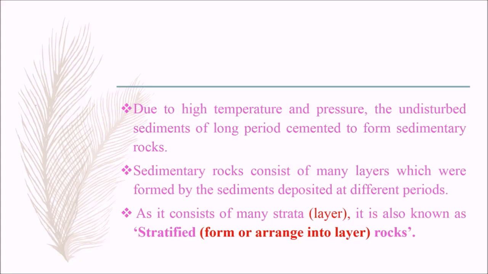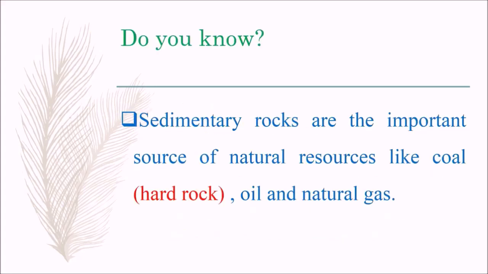As it consists of many strata, strata means layer, it is also known as stratified rocks. Here, stratified means formed or arranged into layers. Do you know sedimentary rocks are the important source of natural resources like coal? Coal means hard rock, oil and natural gas.